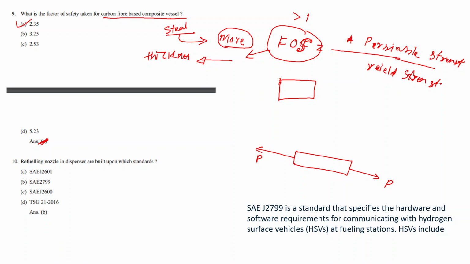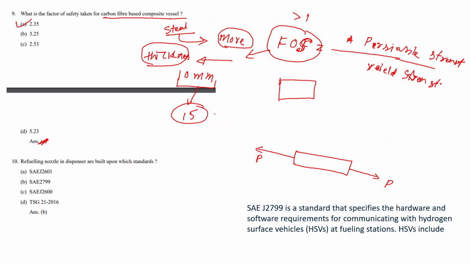If we put the factor of safety more than one, the thickness of the tank will be a higher value. If you do not put a factor of safety in your design calculations, suppose the thickness is coming 10 mm. If we put a factor of safety more than one, like 2.3, this 10 mm will be coming like 15 mm or 12 mm.